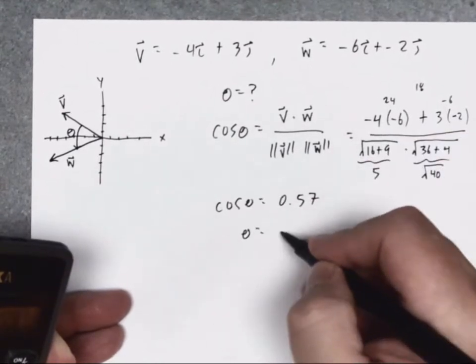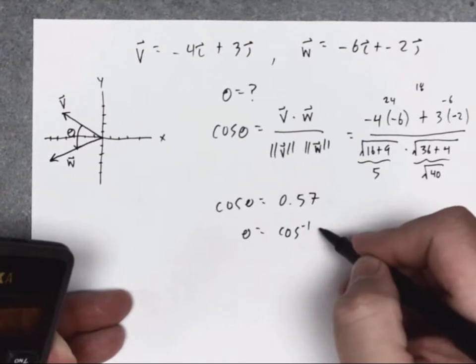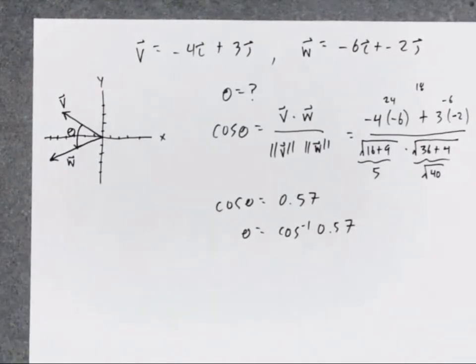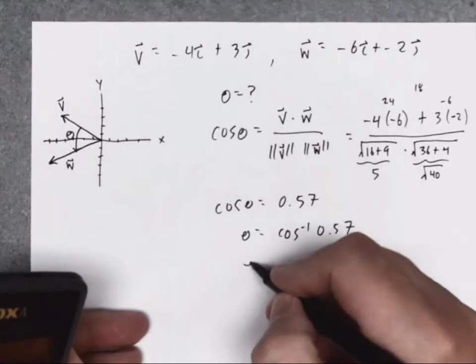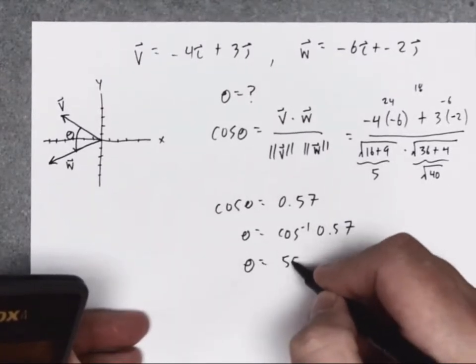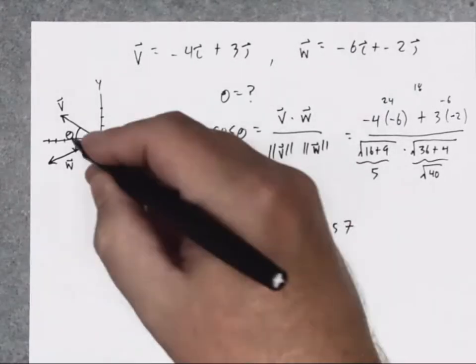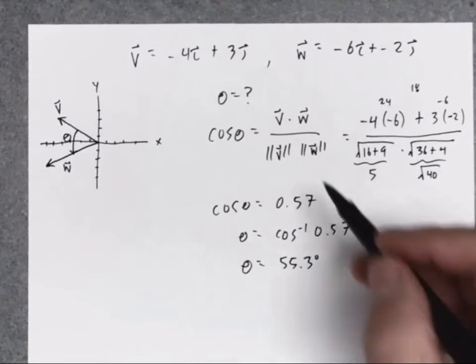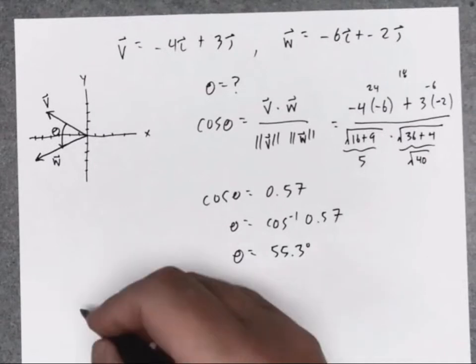So then the angle in between them is the inverse cosine, 55.3 degrees. And that looks reasonable. All right, so really that part of it, not too difficult. To find the angle between two vectors, just apply the equation and you're good to go.